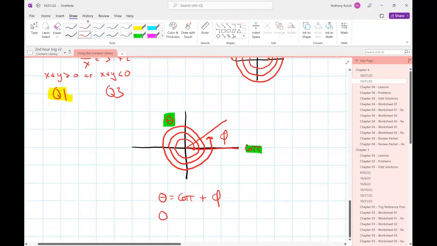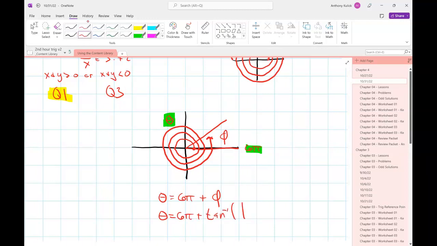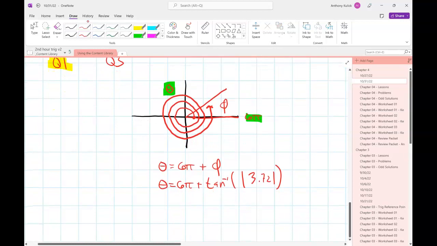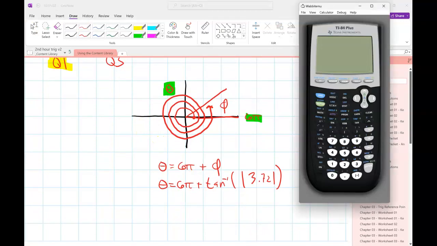How do I calculate phi again? I do the tan inverse of the absolute value of 3.72. And I just type this into my calculator then.